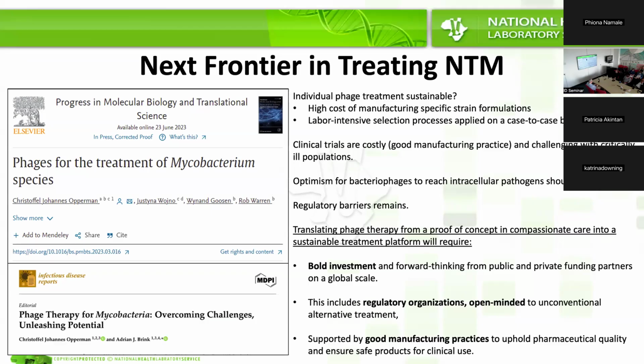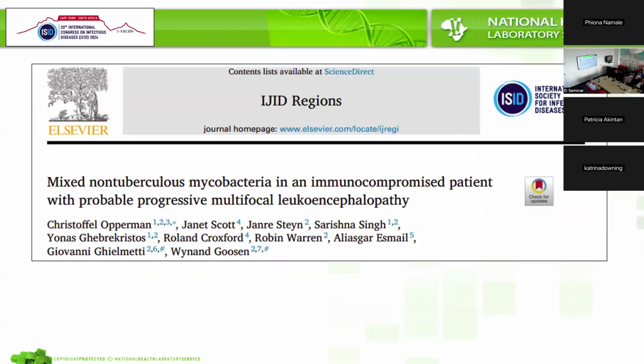So I think that's a very promising field. I think it will need a lot of bold investment from private funders, also a lot of open-mindedness from an ethical perspective as well, and then from the microbiologists, food manufacturing practices, when we ever get to that point of using it as adjunct therapy to any antibiotics.